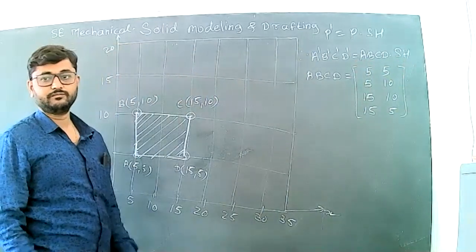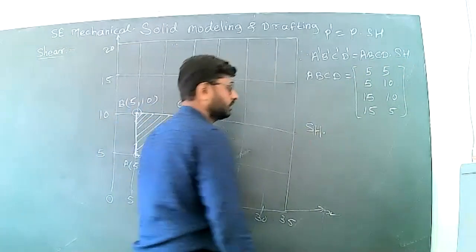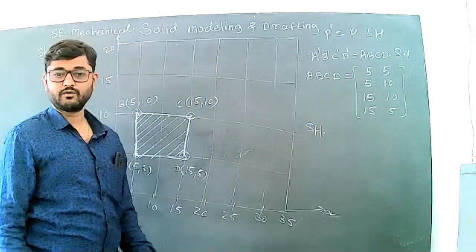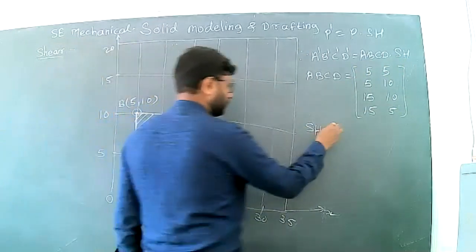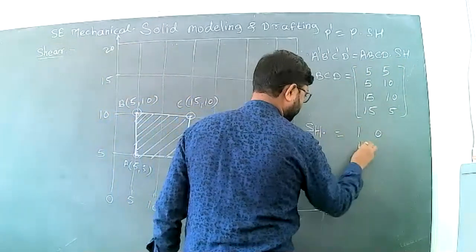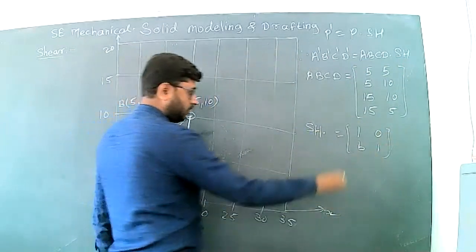And SH, the shear transformation. What is the formula for shear transformation along the x-axis? It is [1 0; B 1]. Here, what is B?